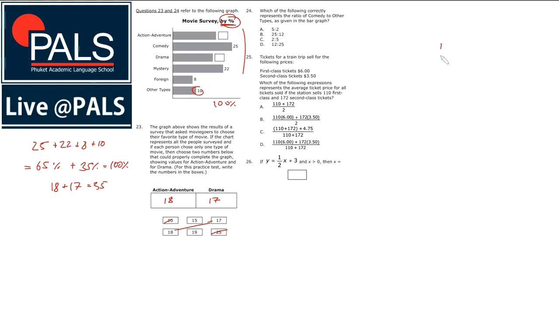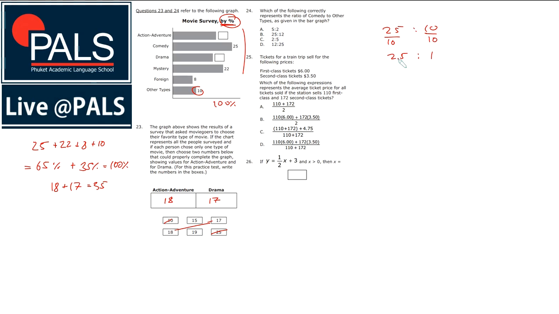So the ratio is 10 to 25, or actually 25 to 10. So whole number ratio. How do we find a whole number ratio? We divide both numbers by the smallest number first to get a ratio based on 1.